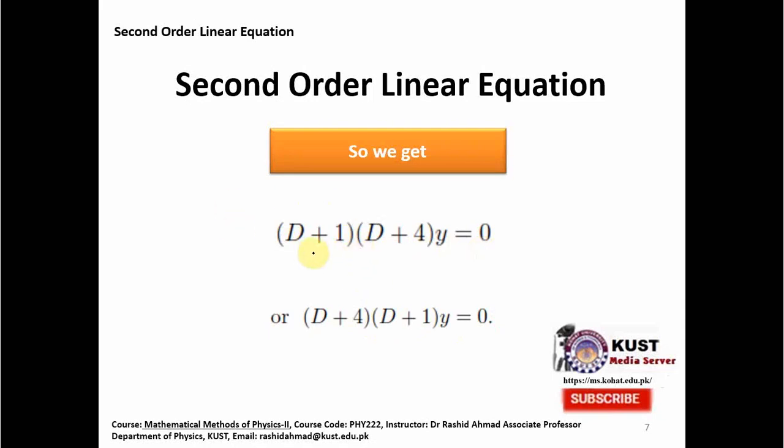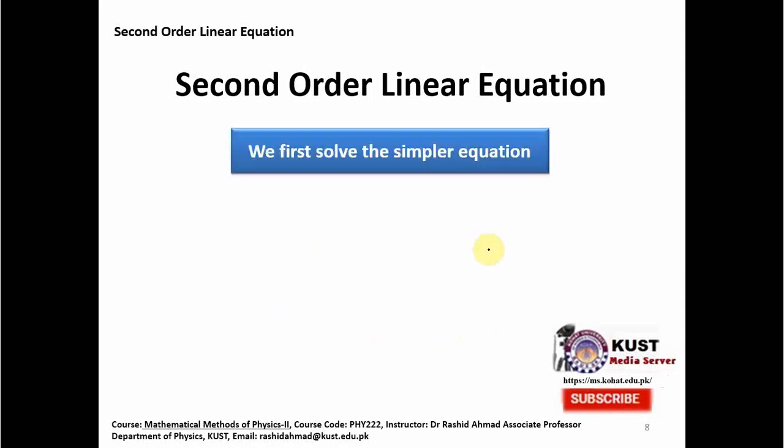So either d plus 1 y is 0 or d plus 4 y is equal to 0. We solve d plus 4 into y is equal to 0 first, and then we solve d plus 1 y is equal to 0.